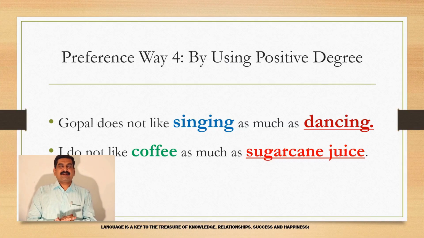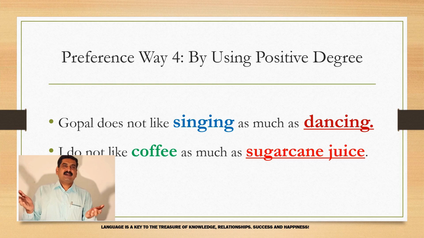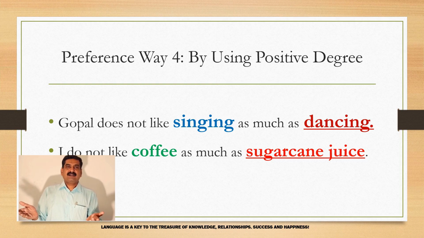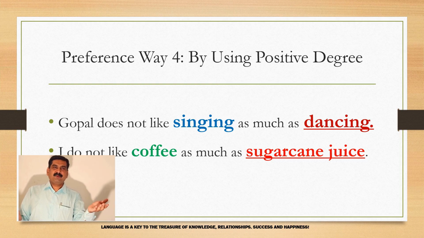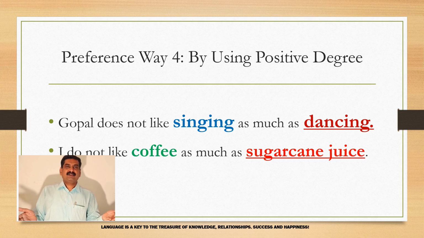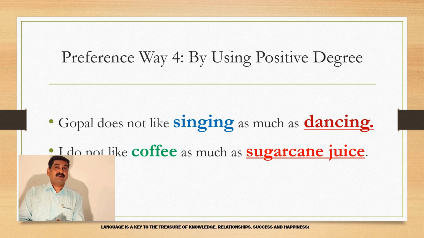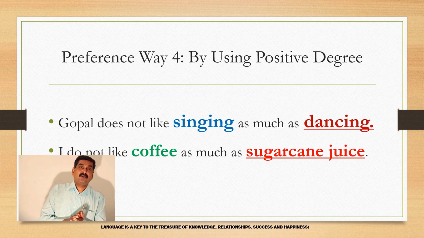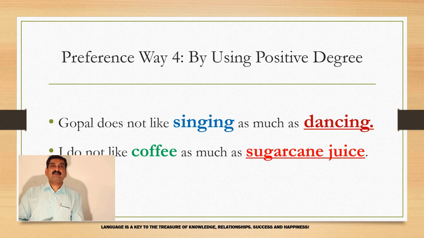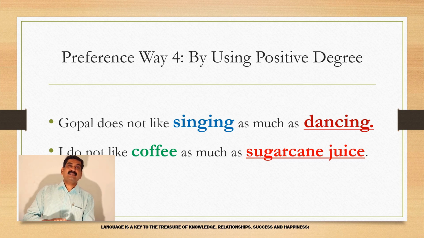Fourth way to show preference is by using positive degree. In positive degree, two things are compared, and the thing that comes before first as is not preferred, but the thing that comes after the second as is preferred. For example, Gopal does not like singing as much as dancing. It means he likes dancing more than singing.